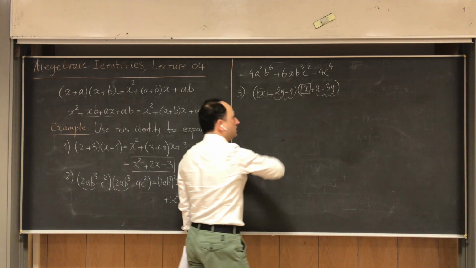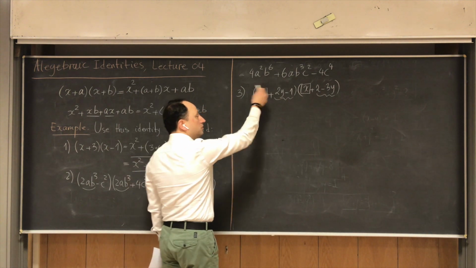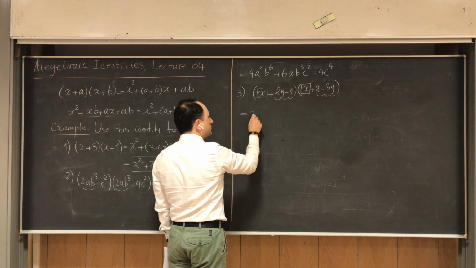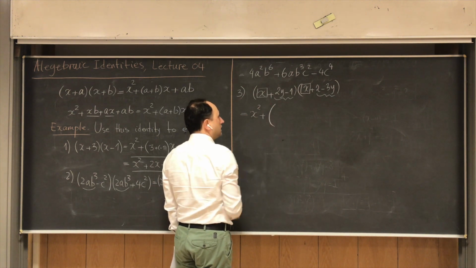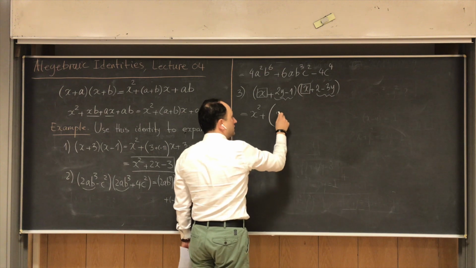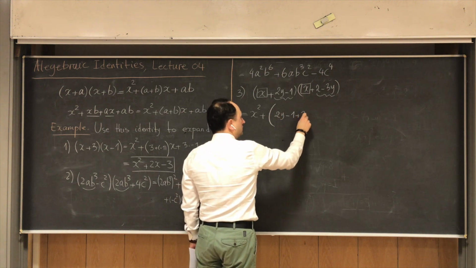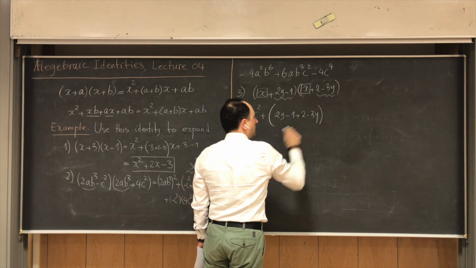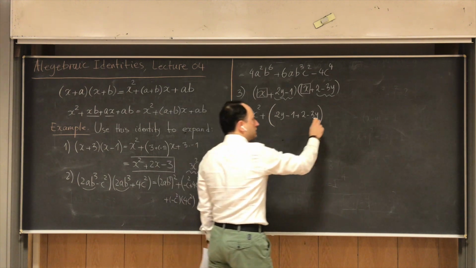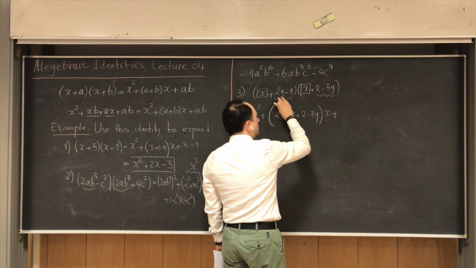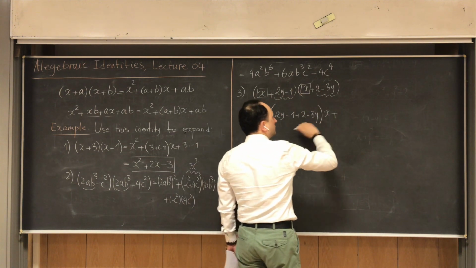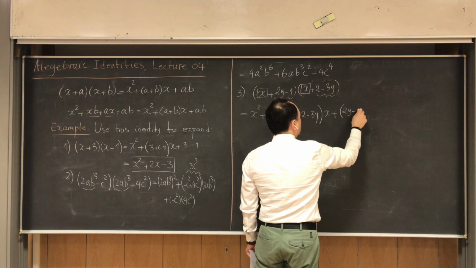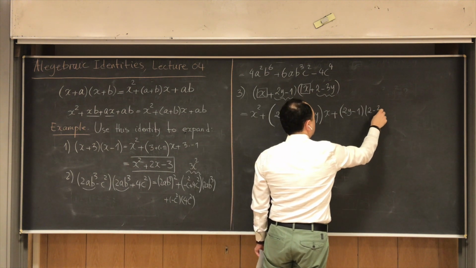But I can use the same identity. So I can say the common term squared, x squared, plus these two terms added together multiplied by the common term x, plus the product of these two terms, so (2y minus 1) times (2 minus 3y).